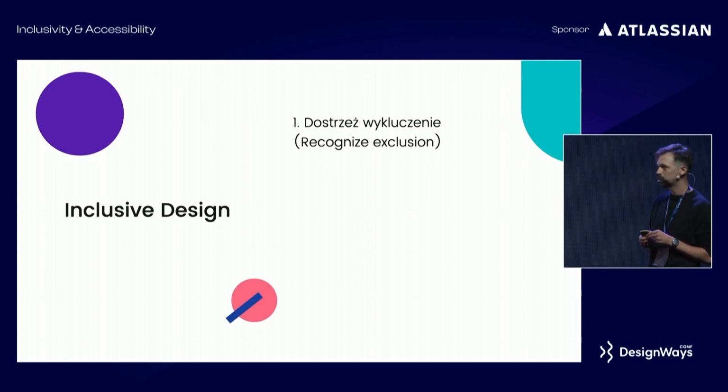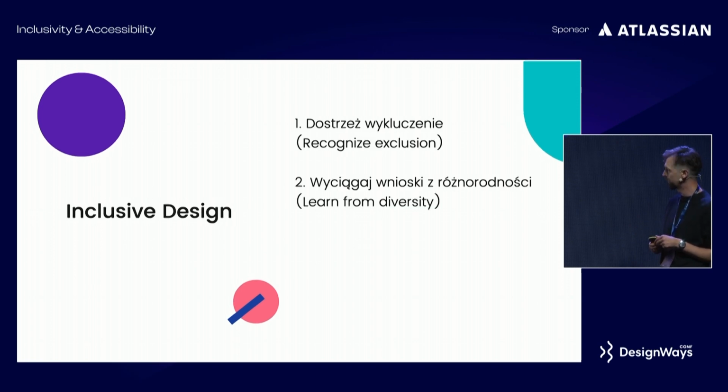A couple of principles from the Inclusive Design toolkit of Microsoft. Alicia also talked about it, so let me just go over them. First of all, exclusion is not a wrong process. We are not conscious of it, so we need to recognize exclusion, and that's the key thing that allows us to ask proper questions of ourselves in the design process.